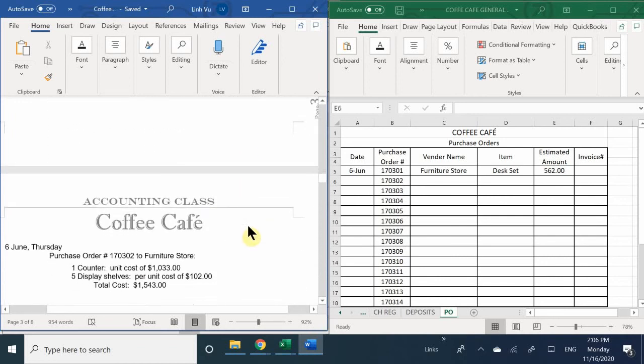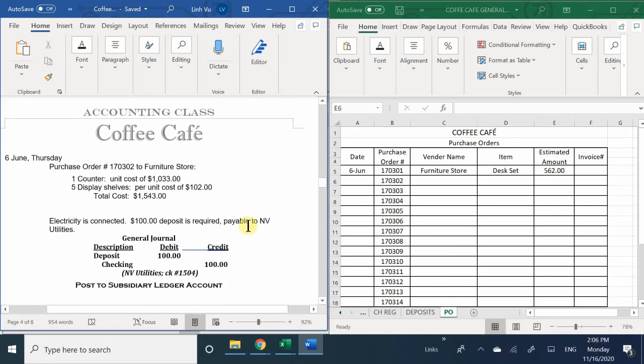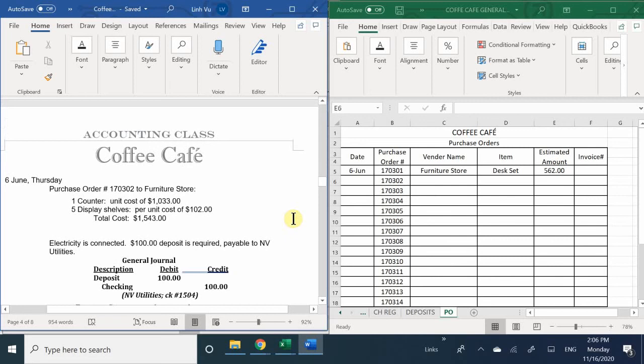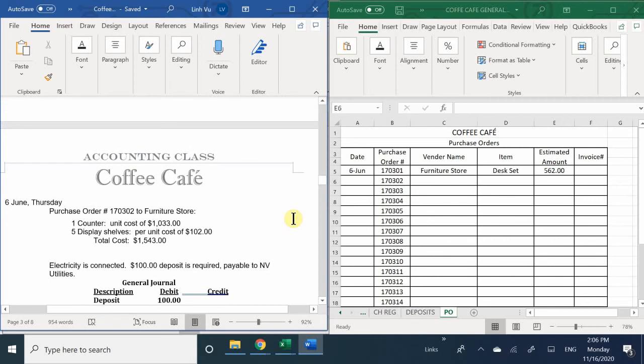Okay. All right. What else happened that same day? We had another purchase order, 170302 to Furniture Store for 1 counter with a unit cost of $1,033 and 5 display shelves with a per unit cost of $102 for a total of $1,543.